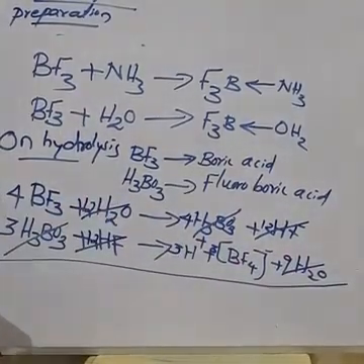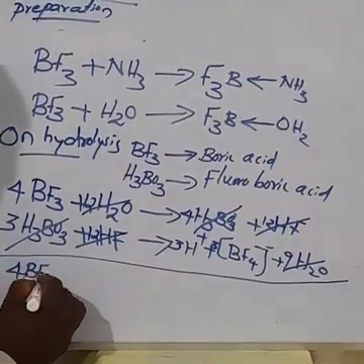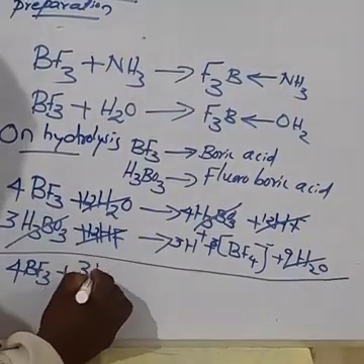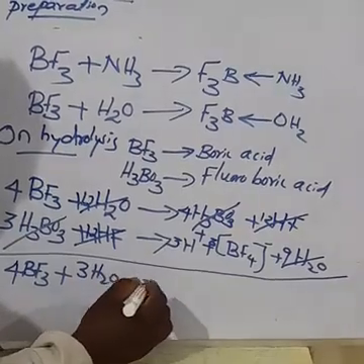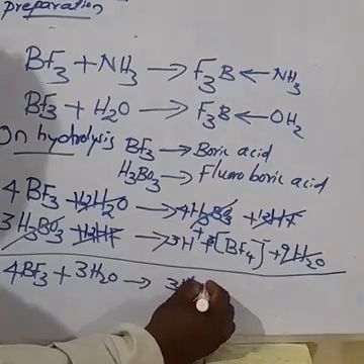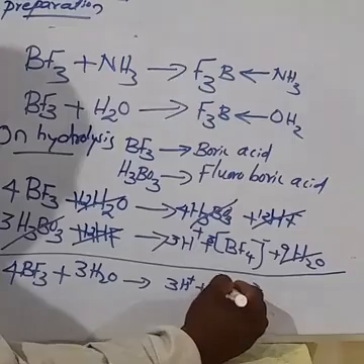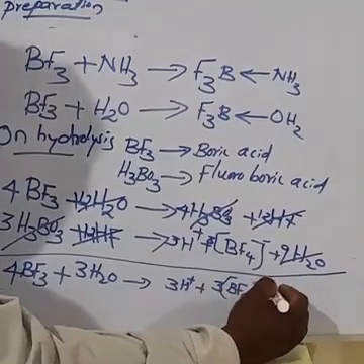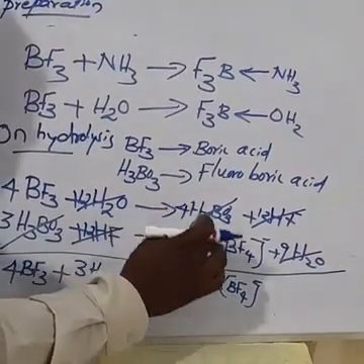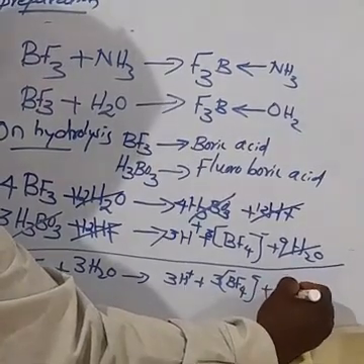What's the remaining? 4BF3 plus, here having again 3 more, plus 3H2O gives 3H plus, 3BF4 minus, and also H3BO3. 3 and 3 cancel, one more H3BO3.